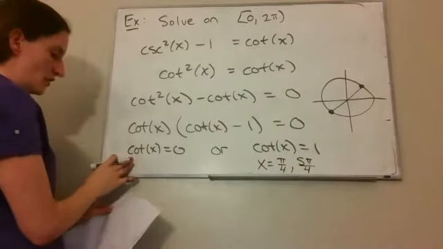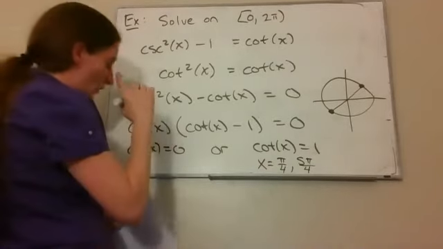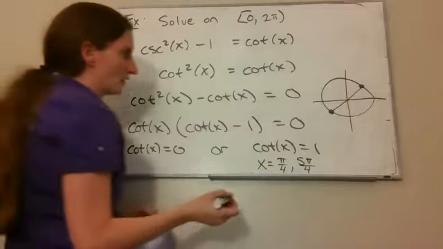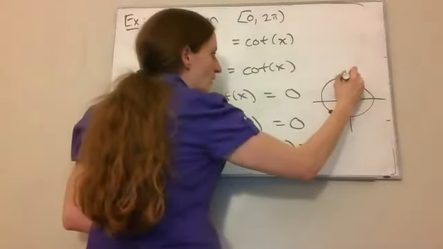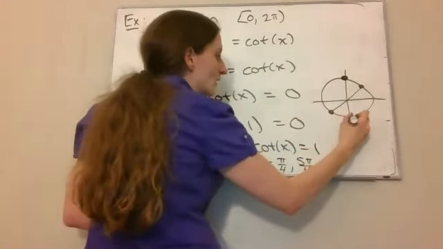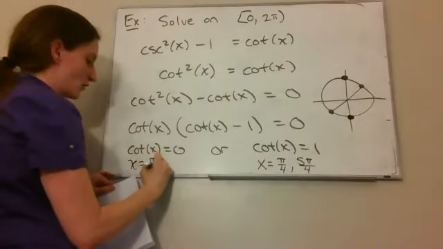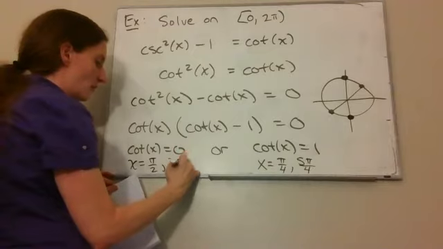And then cotangent of x equals 0 when the cosine is 0 and sine is not 0. And cosine is 0 here at pi over 2 and at 3 pi over 2. So I get x is pi over 2 and 3 pi over 2.